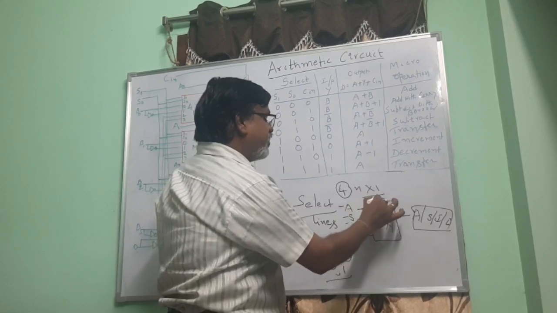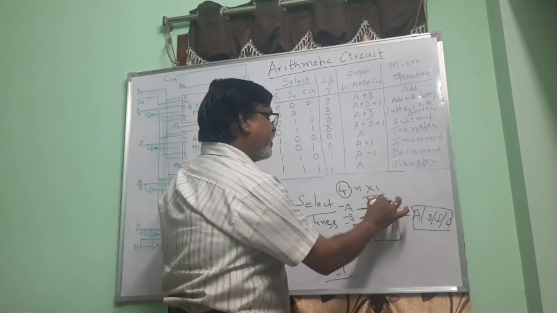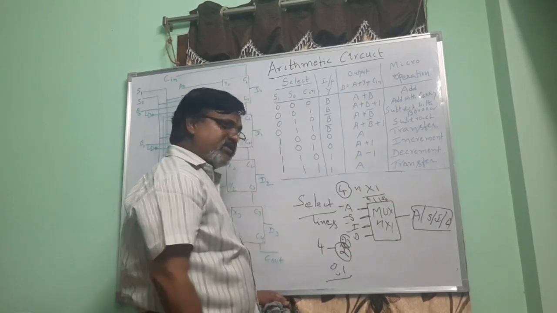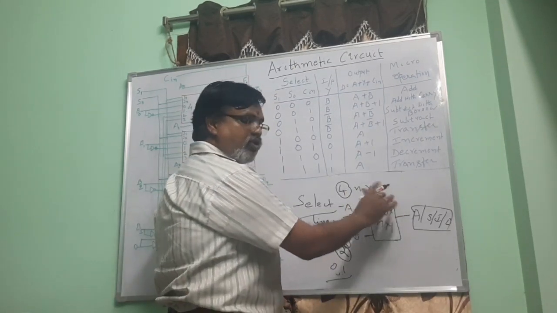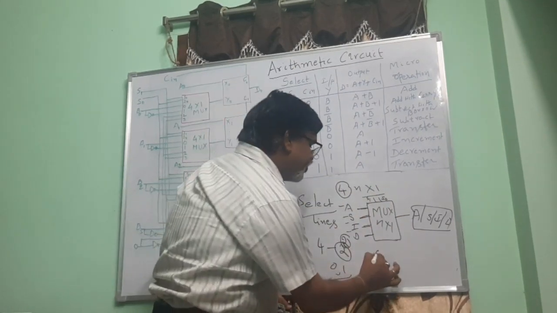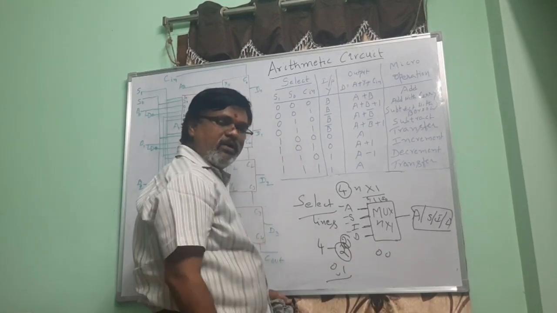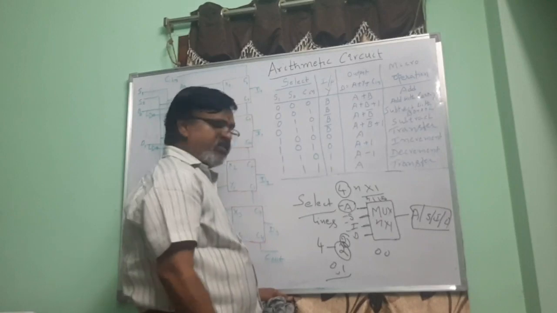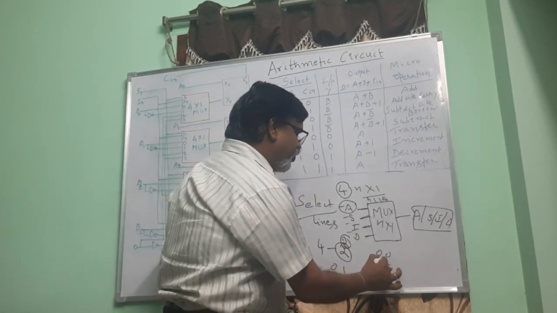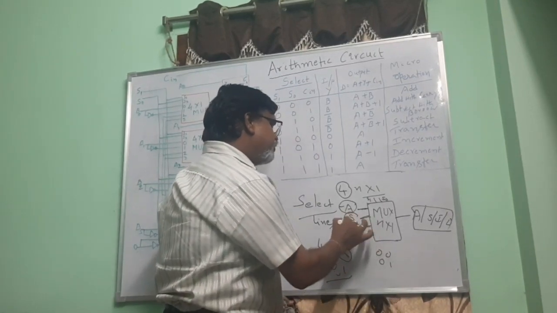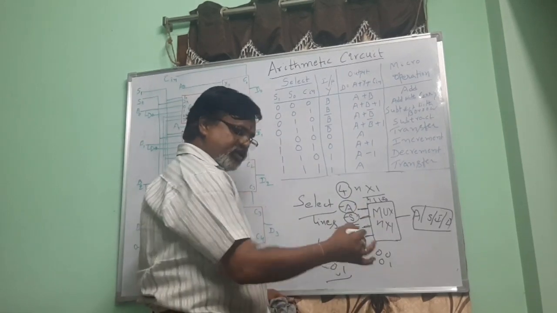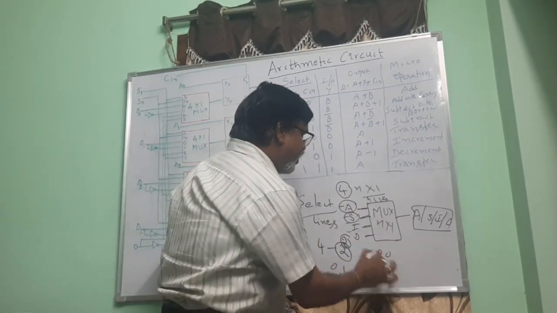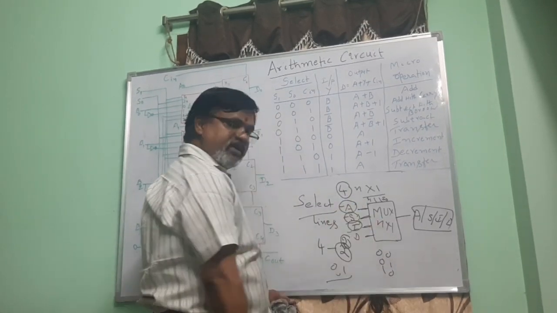So we need 2 select lines for selecting any of these, say for example S1 and S0. If S1 and S0 both are zeros, assume addition will be executed. If S1 is 0 and S0 is 1, assume subtract will be executed. If it is 1 0, think incrementer may be performed.